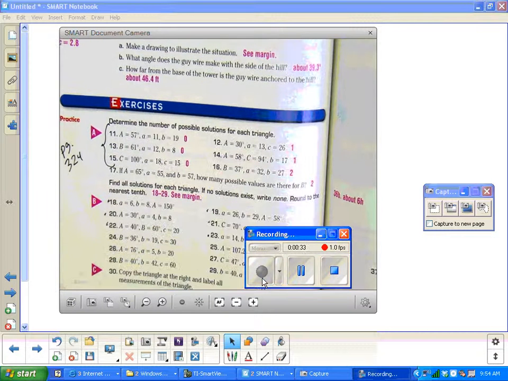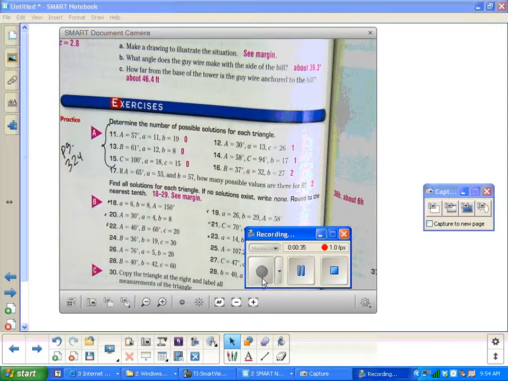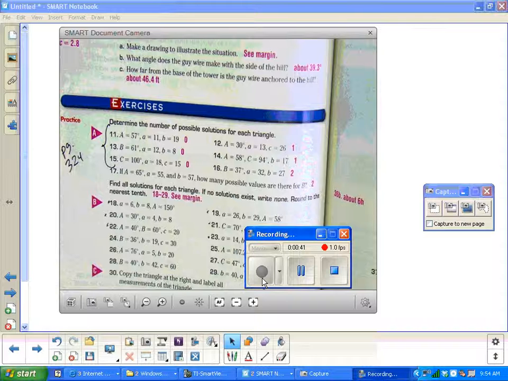Now, number 16, that was side, side, angle. So let's work out 16 since we got a question about it.